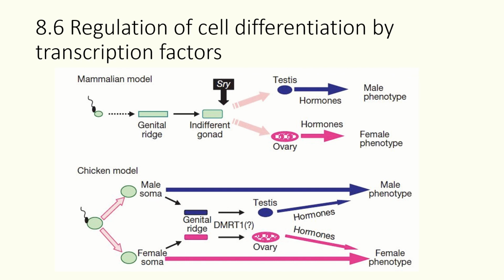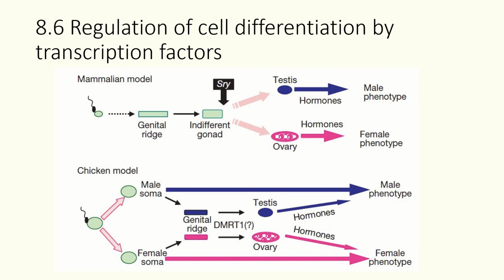So gonads are just your sexual reproductive organs, and at this point, they could be ovaries, they could be testes. There's no determination there. The SRY gene either kicks in or it doesn't. And if it does kick in, those indifferent gonads form testes, which then produce hormones, which produce the typically male phenotype. Whereas if the SRY gene doesn't kick in, then it goes to ovaries, which produce hormones, which produces the female phenotype.